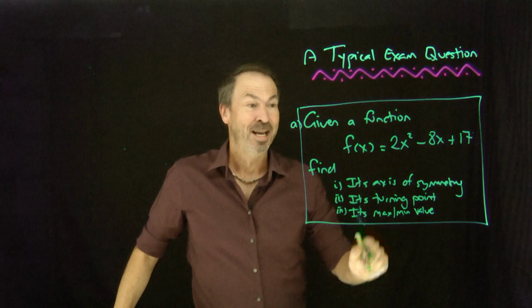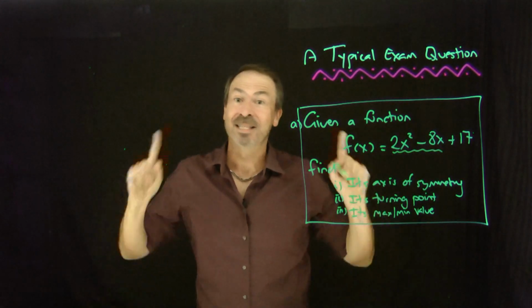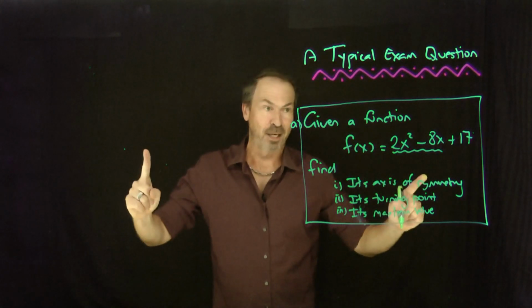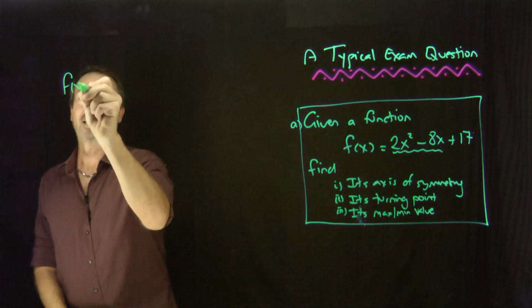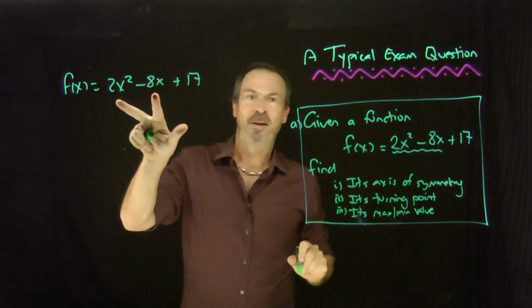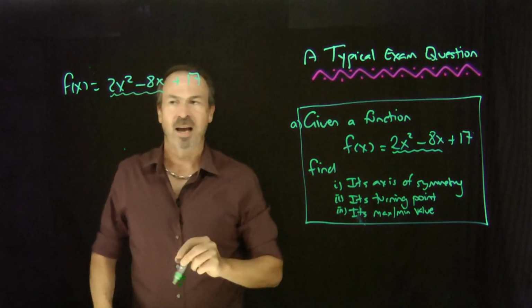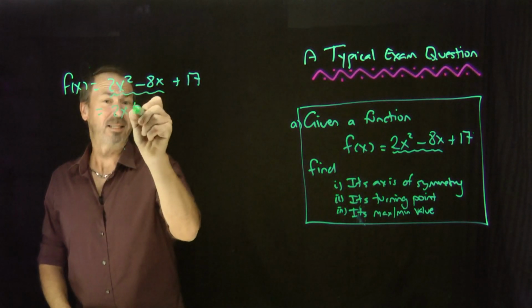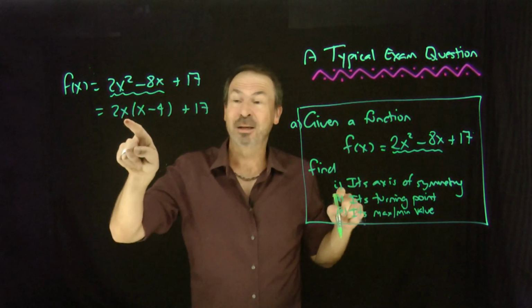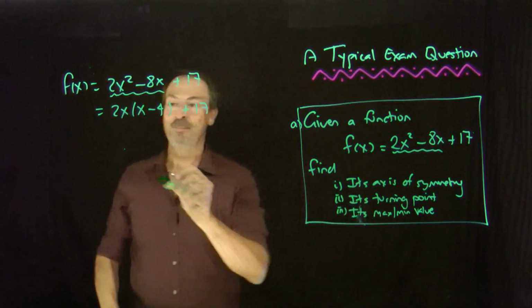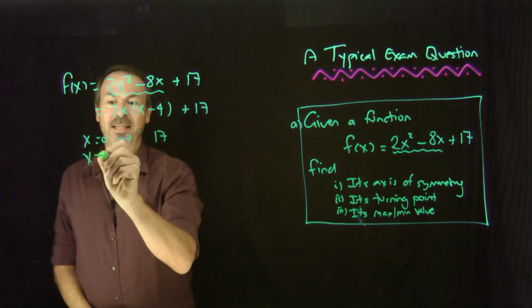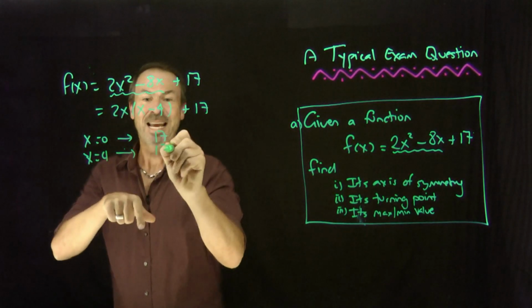My brain says, that's still quadratic, still symmetrical, so let's focus on the x part and find two symmetrical data points. f of x is 2x squared minus 8x plus 17, which is 2x times x minus 4, plus 17. That makes me think x equals 0 and x equals 4. When x is 0, I get 17. When x is 4, I get 17.